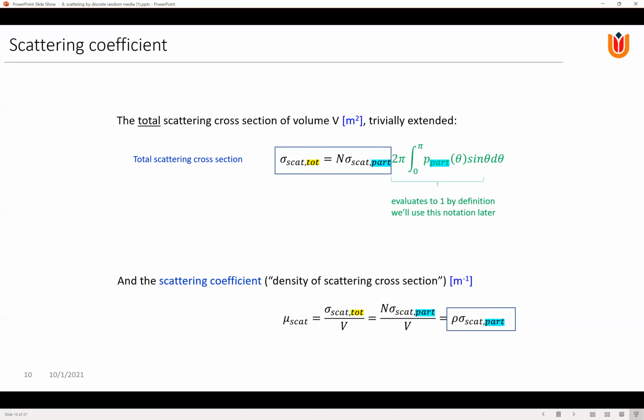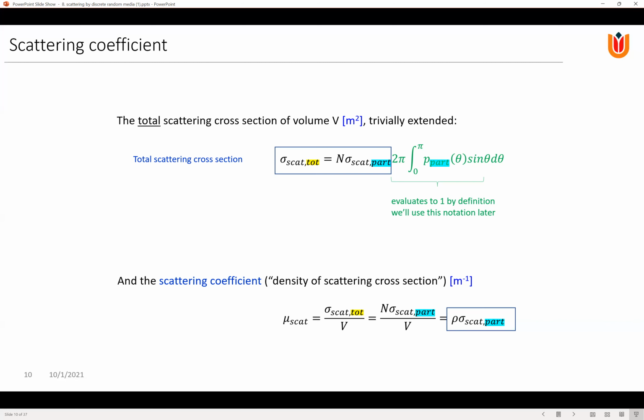If that goes for the scattered intensity, it also goes for the scattering cross-section. You remember that the scattering cross-section was calculated by taking the scattered intensity and integrating it over that huge sphere with a very large radius. You can do the same thing, but now with n particles centered in that sphere. So we can calculate not only the scattered intensity, but also the total scattering cross-section that way.